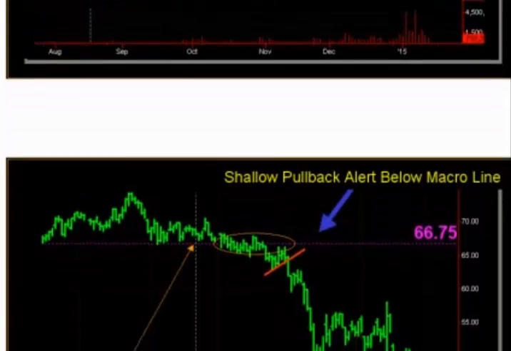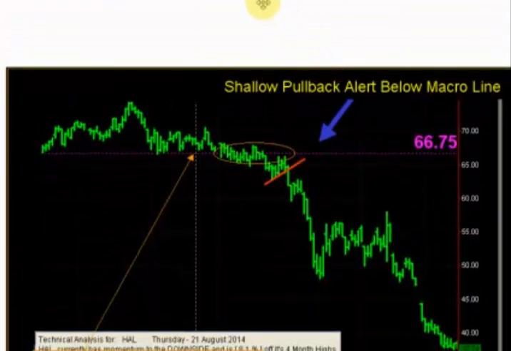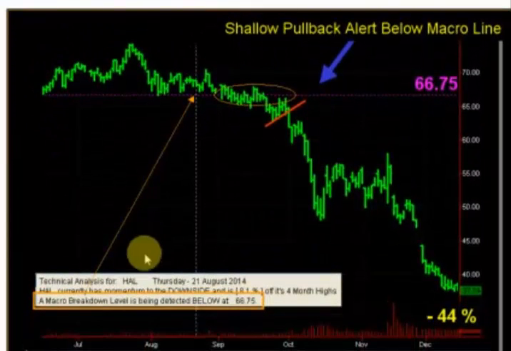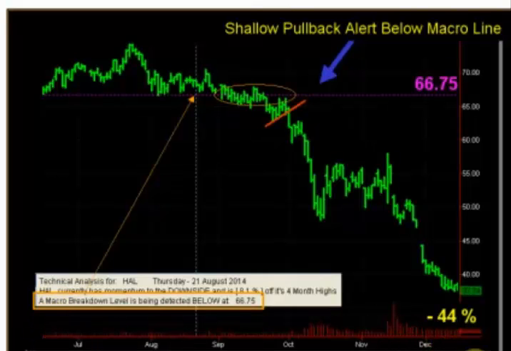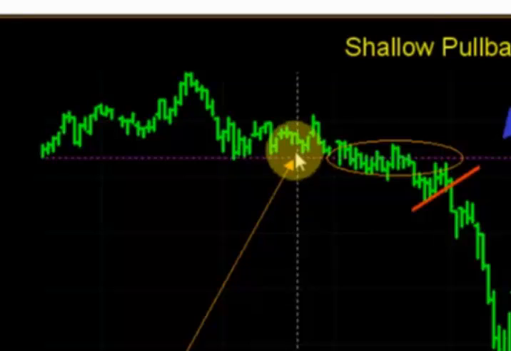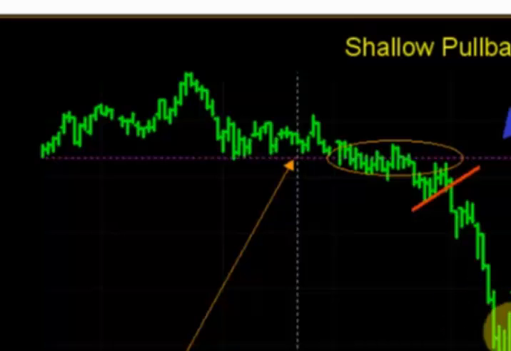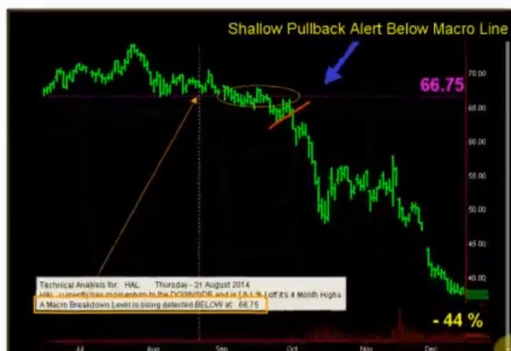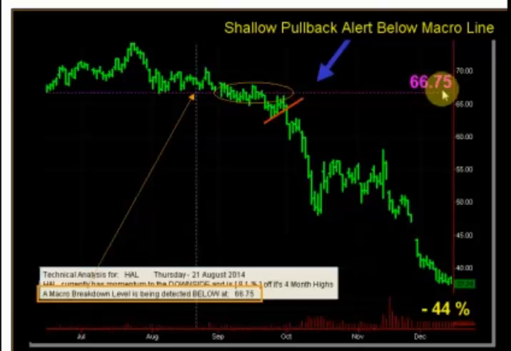Let's see. Here's an example to the downside. Right here on this date, a macro breakdown level was detected at 66.75.